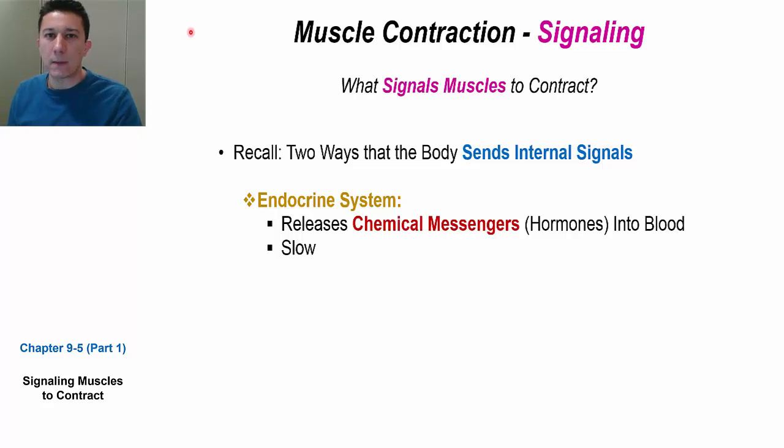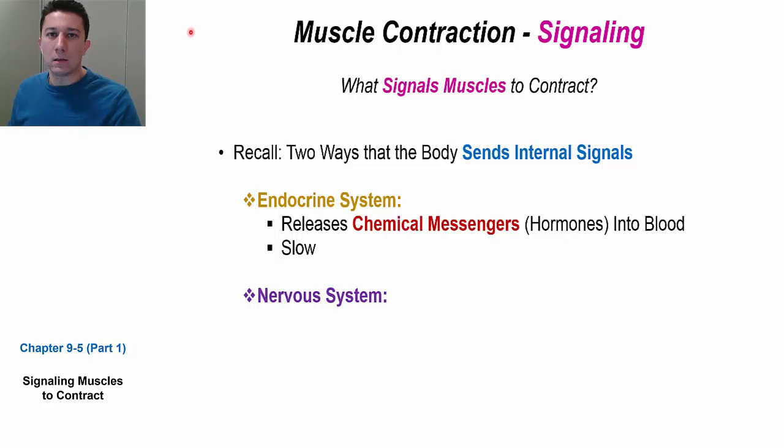It takes time for a chemical messenger released into the blood to get to its target organ, because it essentially goes where the blood takes it. Eventually it will get there, but it's not the most direct route of signaling.